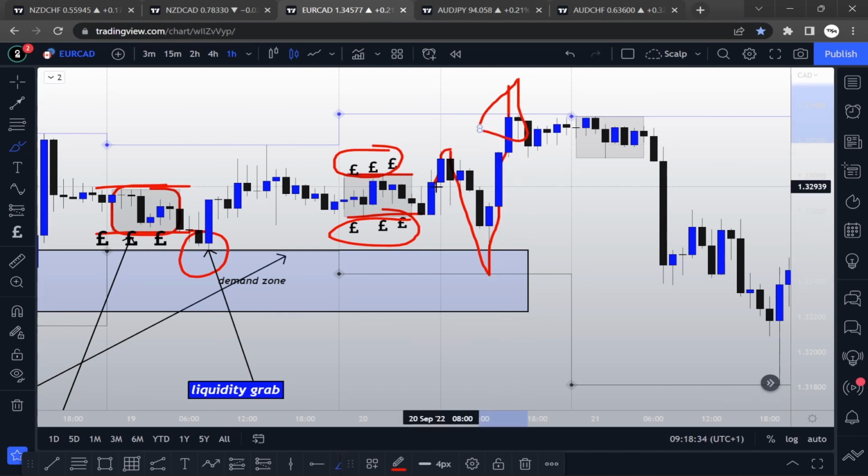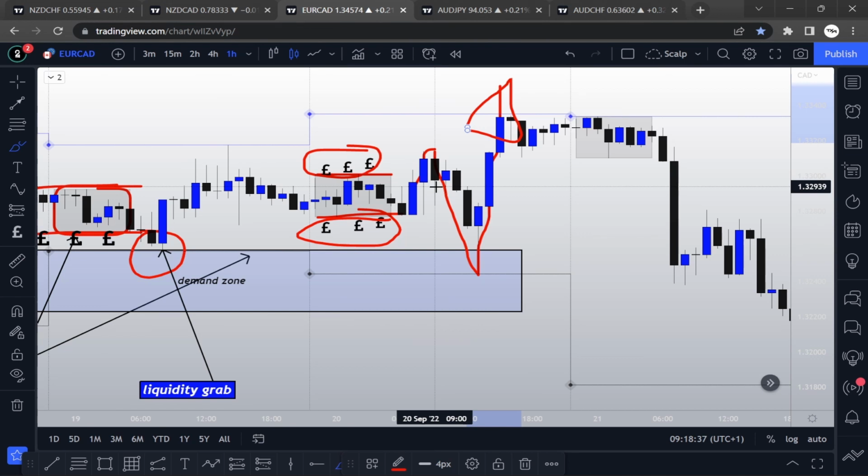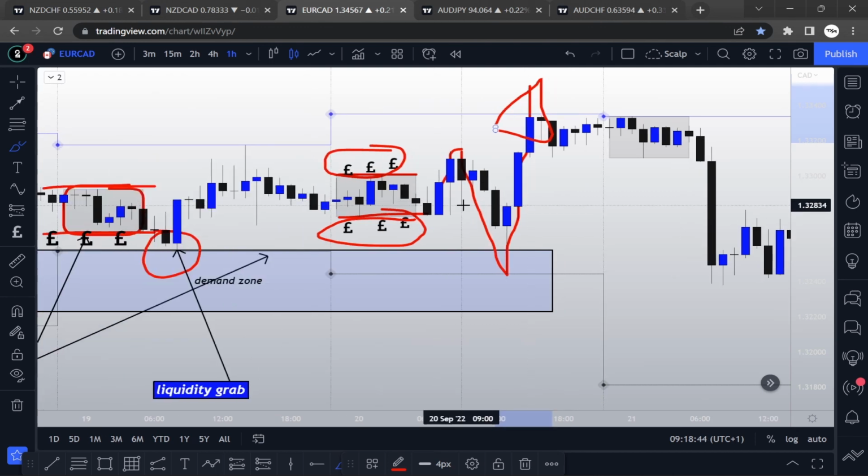So the algorithm already knew where it's going. The algorithm already knew that, okay, we are going to the upside, but before we go to the upside, we need to take and grab the liquidity from the top and the bottom of the Asia session. It doesn't always grab liquidity from both sides, but sometimes it does.